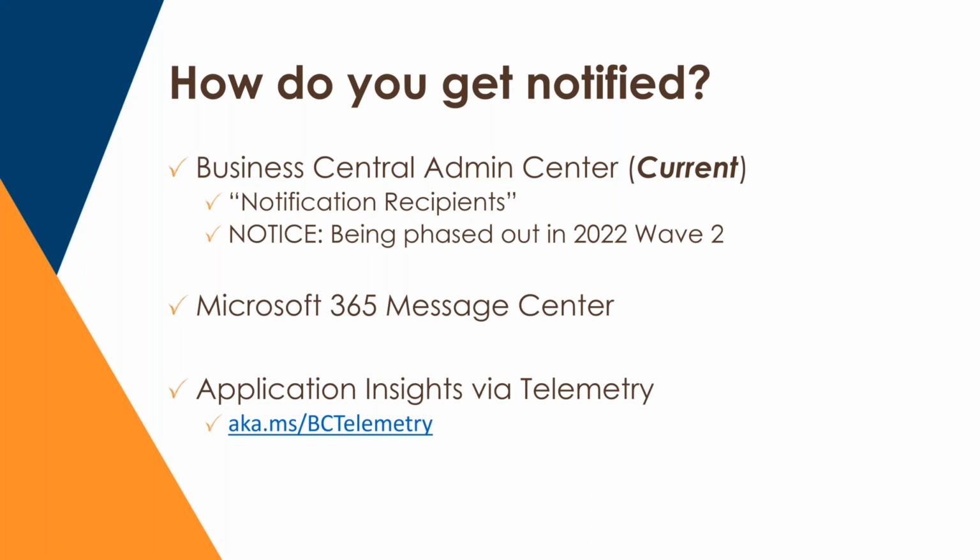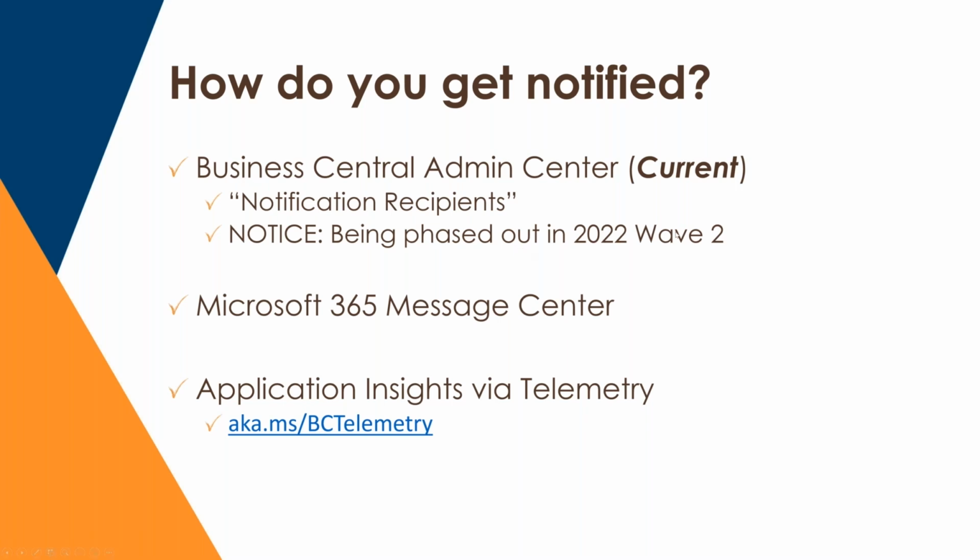So how do you get notified? There's typically 3 different ways that you can get notified of a Microsoft update. The first one is via the Business Central Admin Center, which is the current method of getting notified in regards to Business Central updates. There's a functionality called notification recipients, where you put in as many email addresses as you need to get notified of Business Central updates. But please note that this is being phased out with the next release that's coming out on October 1st.